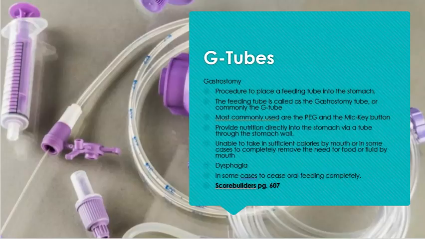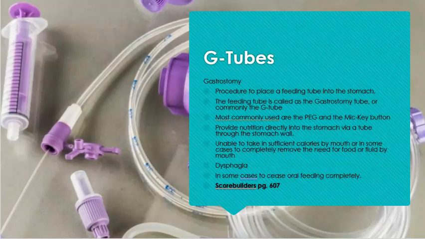These patients are unable to take in sufficient calories by mouth, so they need to completely remove the need for food or fluid by mouth if they have dysphagia, or in some cases to cease oral feeding completely. A lot of times these patients, maybe because of a procedure, might not be able to keep feedings down, especially with speech therapy. Maybe they aspirate. Could be so many different things along with that.